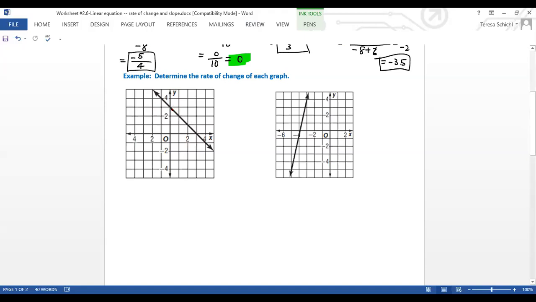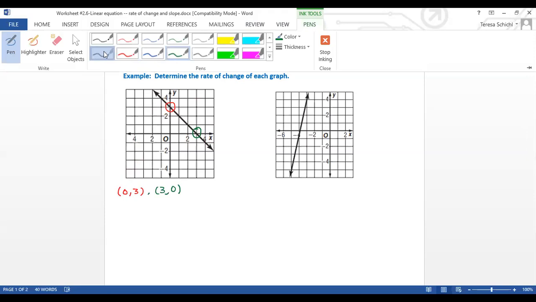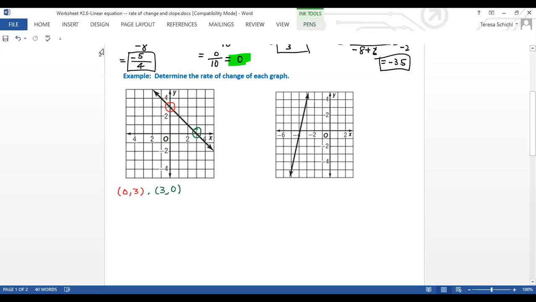Like in here, you will say, hey, this is a point. So the red point is what? It's 0, 3. And then you look, you say, hey, this is a point. So the green point is what? 3, 0. As long as you have 2 points, then you can find the slope.